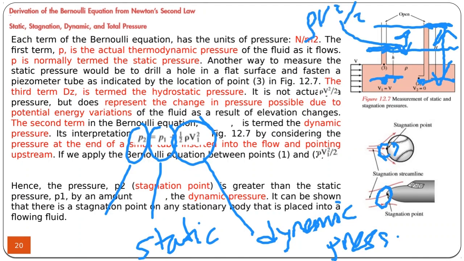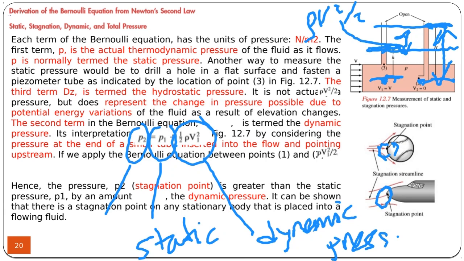So if you're able to measure this pressure difference, then from this pressure difference you can calculate the velocity, and from the velocity you can calculate the flow rate. This is actually the classical method of measuring the speed of aircraft or ships.